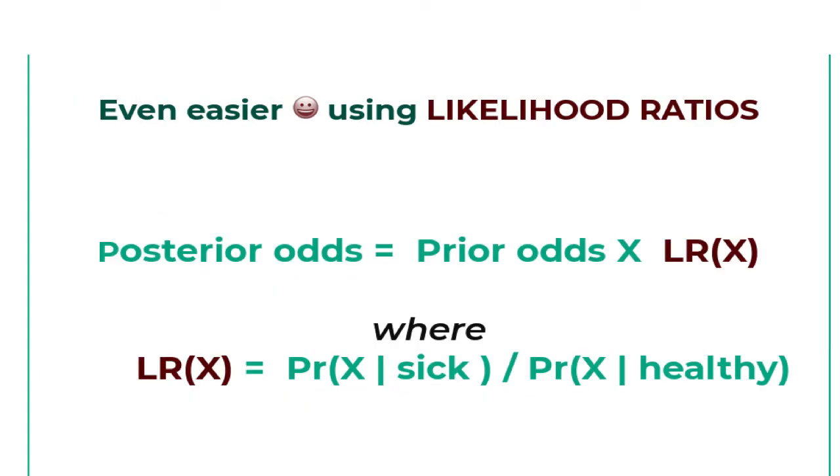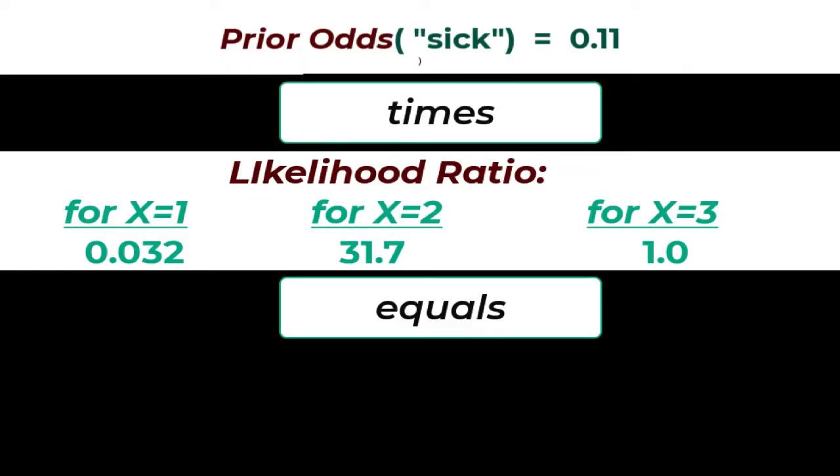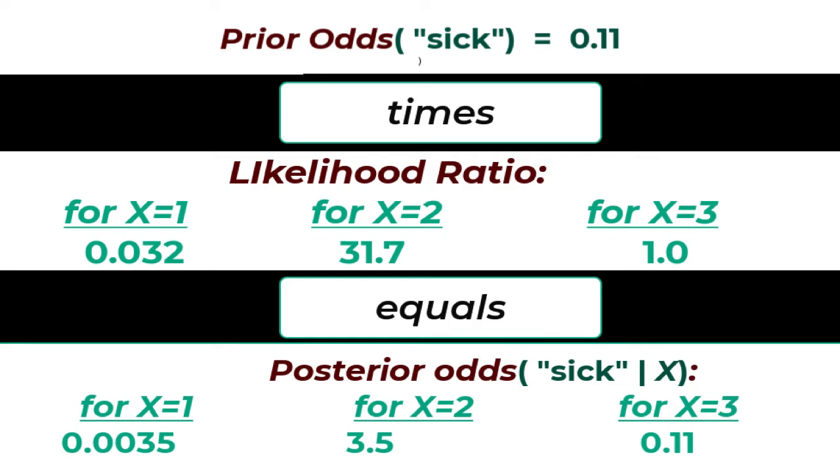Aside from gambling, another great thing about living in the land of Oz, the land of odds, is it plays nicely with the likelihood ratio. Even easier than going from model family to joint to posterior and finally to odds, just multiply the prior odds times the likelihood ratio. Boom!